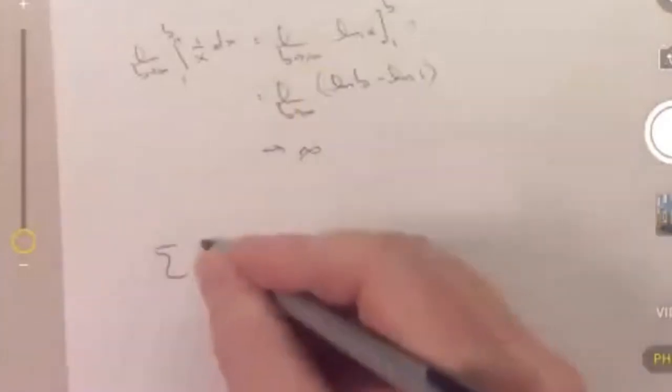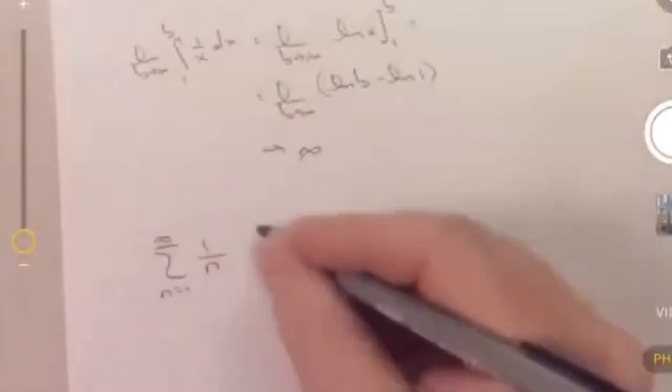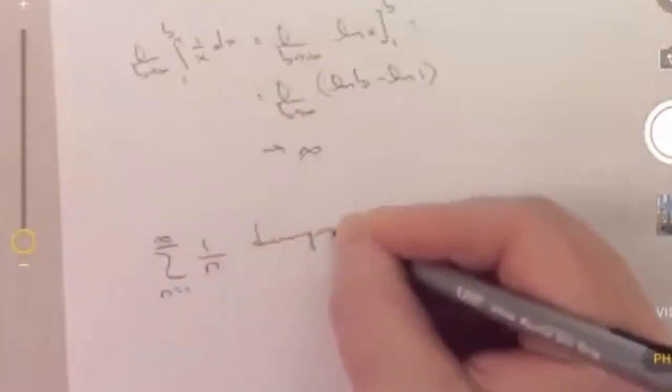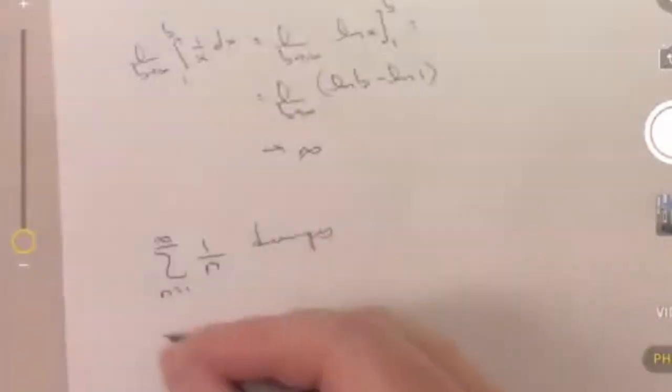Now, both of these series, we looked at 1 over n, that diverges. We looked at 1 over n squared, that converges. Both of these series are examples of what we call p-series, and we call them p-series for the following reason.